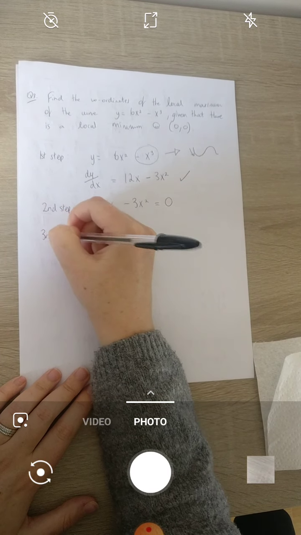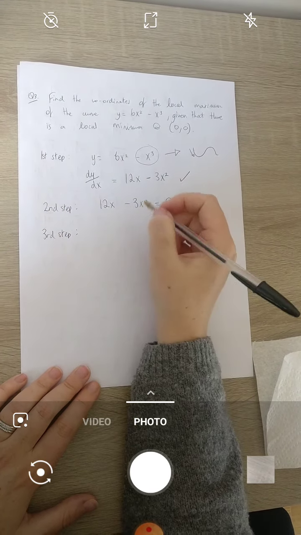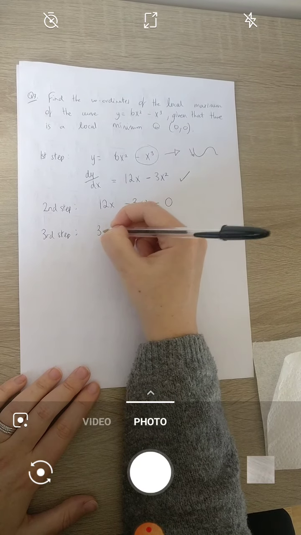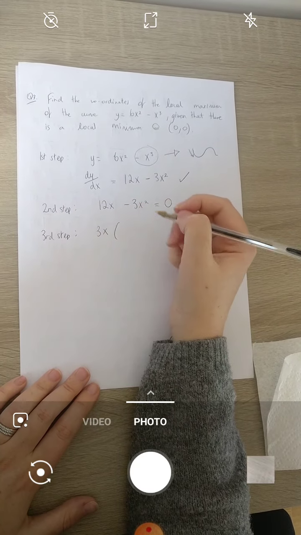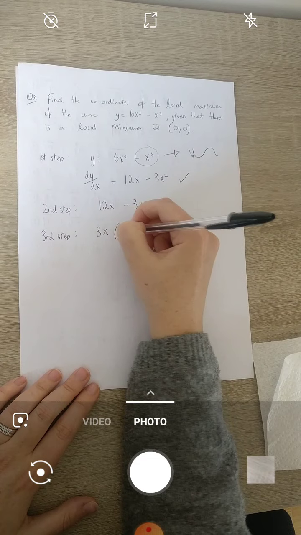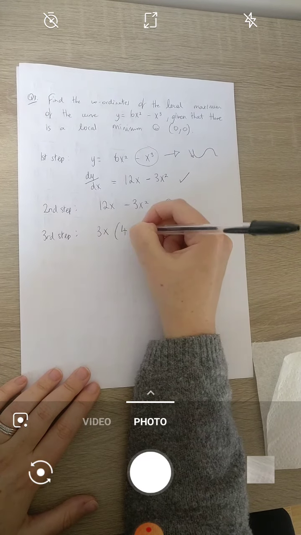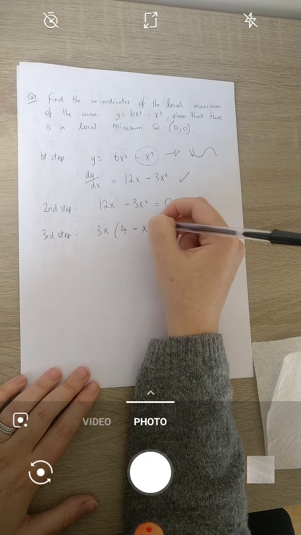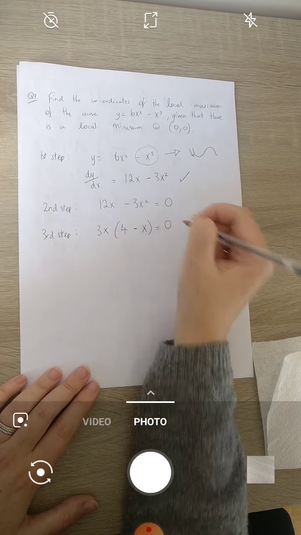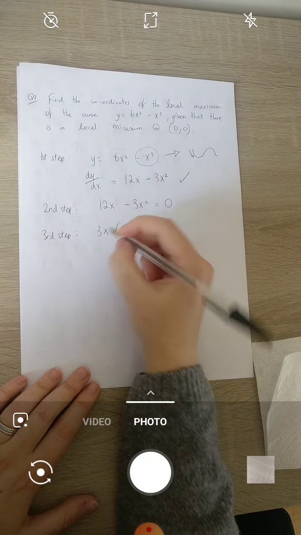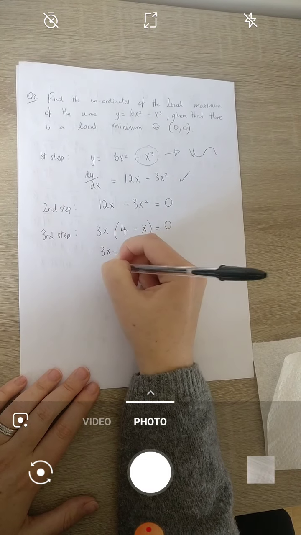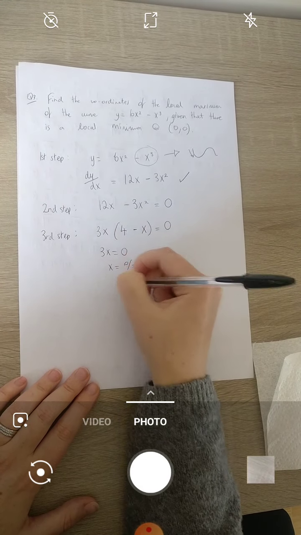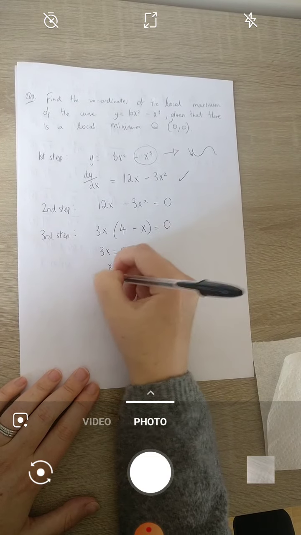Third step is solve. I'm going to take out 3x as the highest common factor. 3x times 4 would give me 12x. 3x times minus x would give me minus 3x squared, and let it equal 0. So 3x equals 0, x equals 0 over 3, x equals 0. We saw that in the last example.